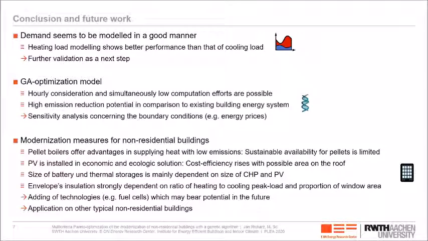Concerning the modernization measures for non-residential building, we see wooden-based technologies seem to offer high emission reduction potential, but their sustainable availability shall be kept in mind. Furthermore, we see strong dependencies of the energy system on the ratio of heat to cold peak load. One next step here is the adding of further technologies.